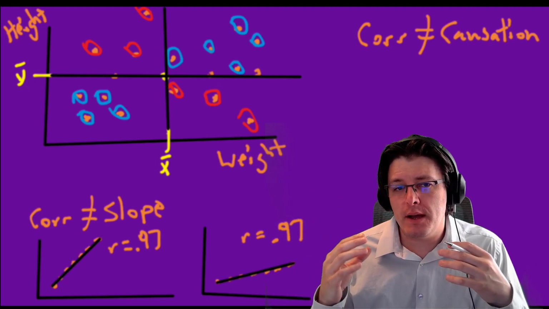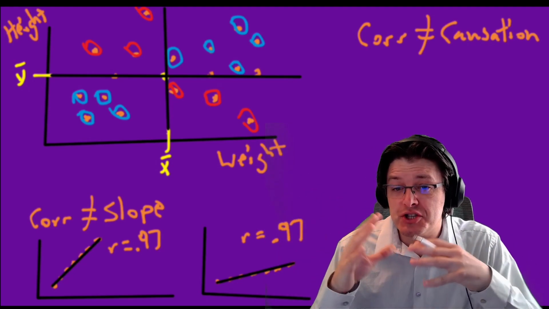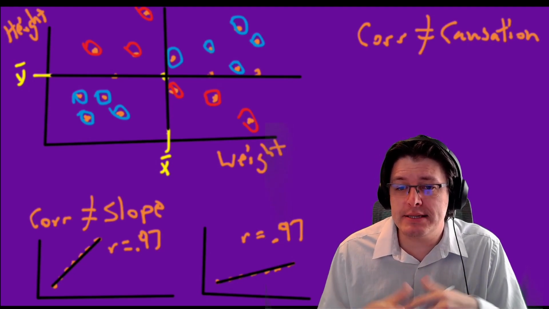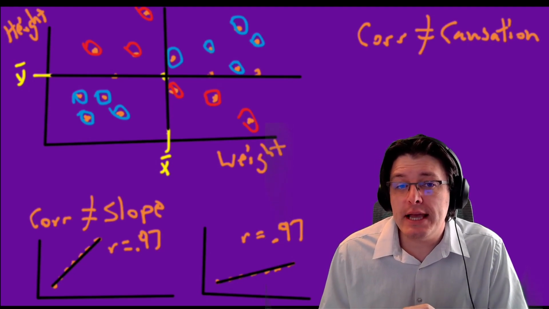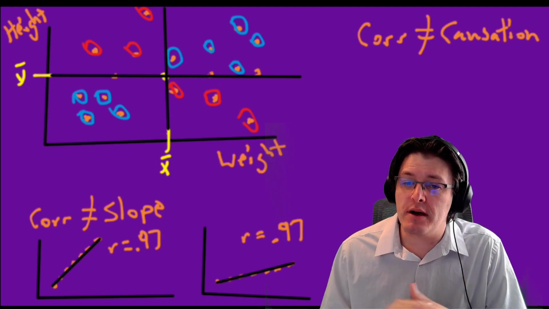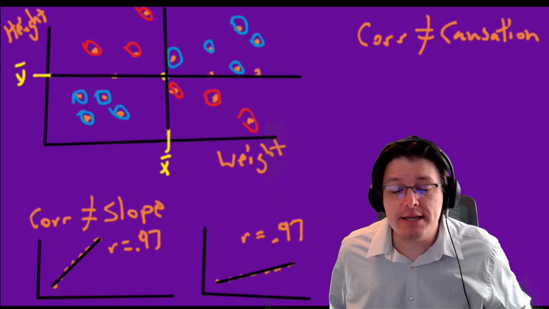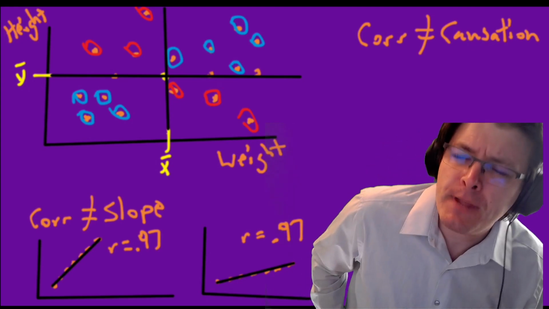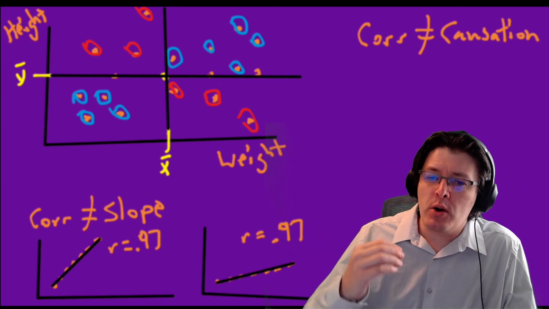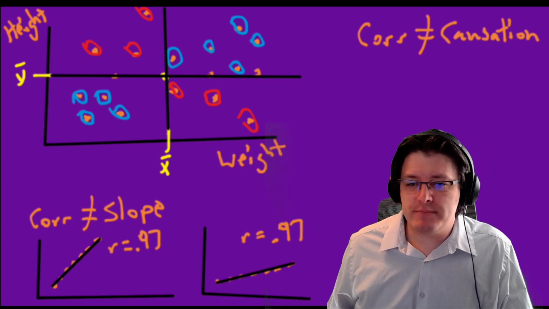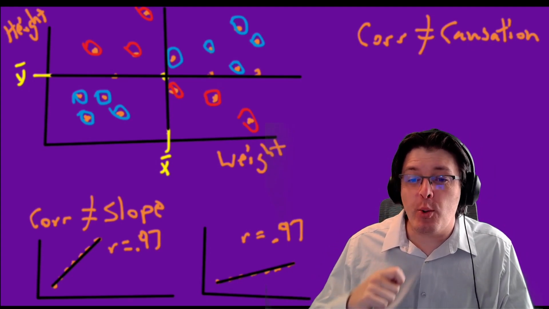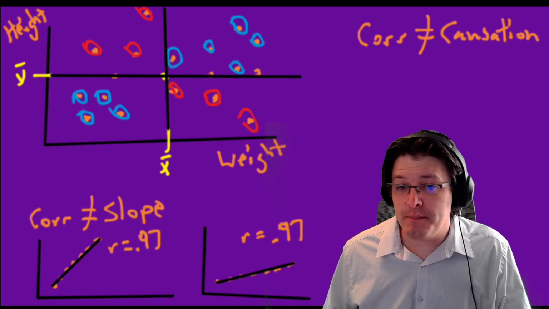So correlation is trying to sum these up in some type of weighted average. It's going to be a very similar calculation to when we did standard deviation. So when we did standard deviations, we squared the deviation from the mean, right?